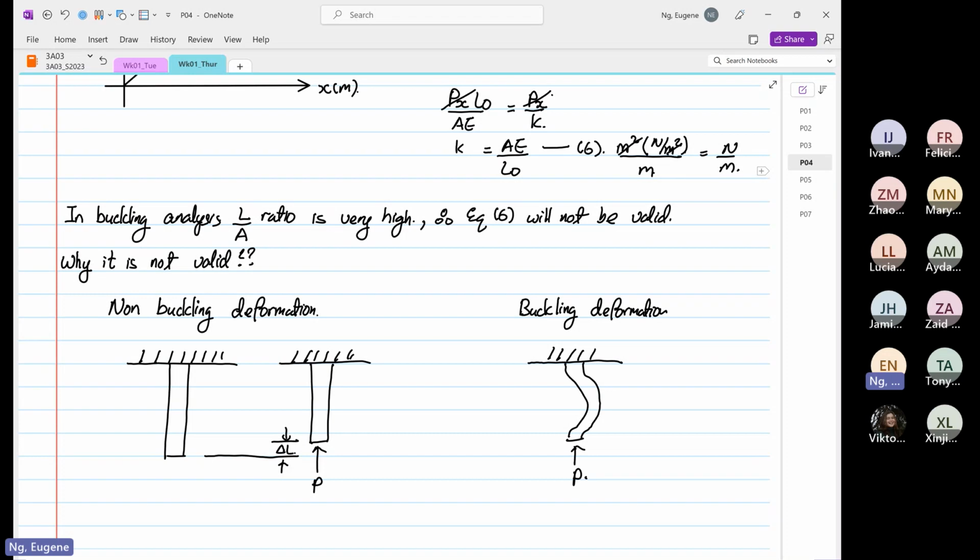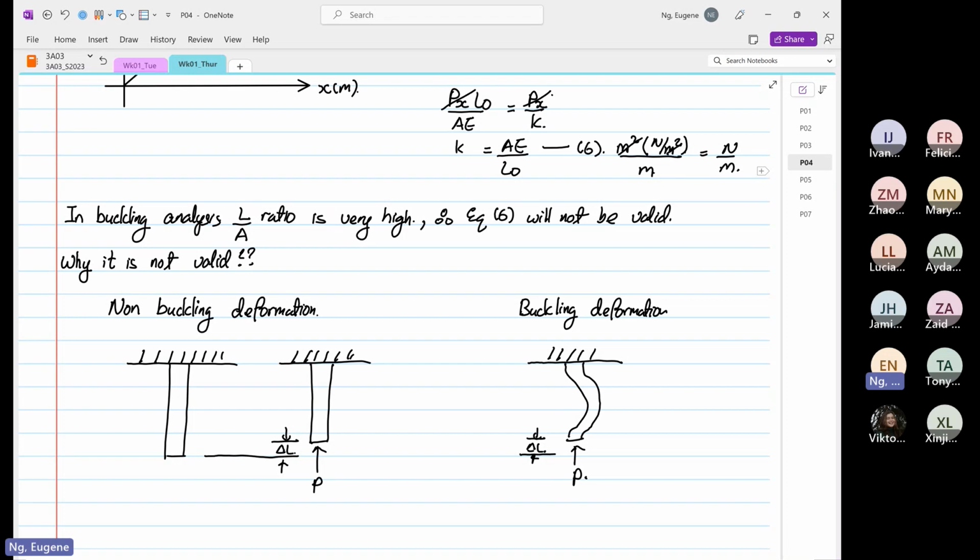So the deformation is not the same anymore. You might say, Eugene, we still have a reduction in length, change L. Yes, but the deformation is no more on a straight line. It's a curve now. That is why you cannot use axial loading to design a buckling structure.